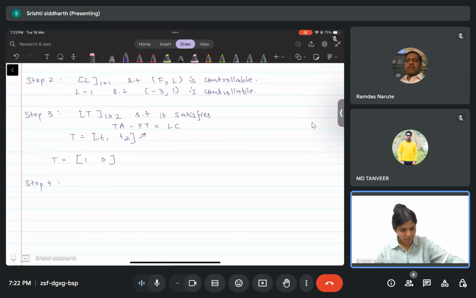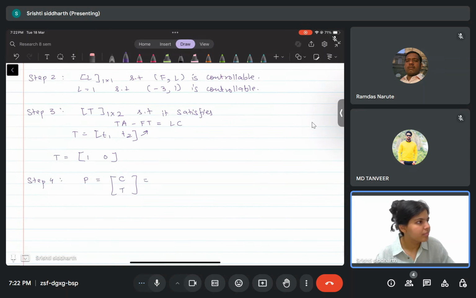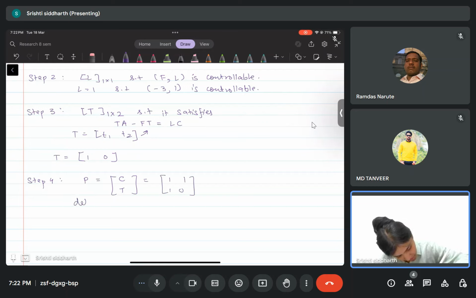We have to find the matrix P, which is C and T arranged row wise. C was 1, 1, so P is 1, 1 over 1, 0. Determinant of P is minus 1. So P is non-singular.